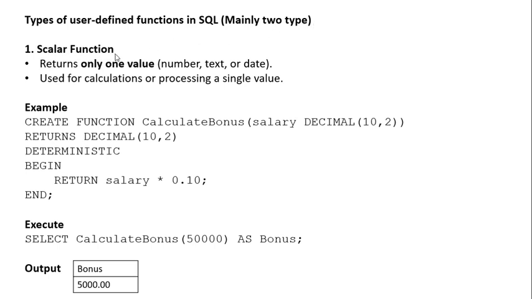First is the scalar function, which returns only one value like a number, text, or date, and is used for calculations or processing of single values.